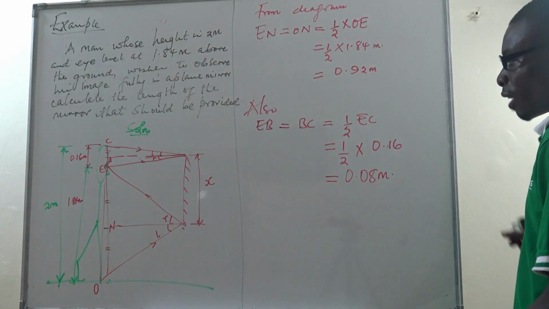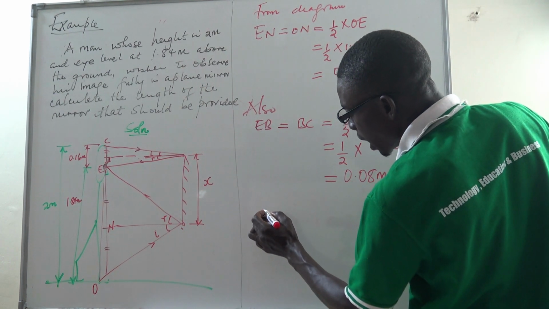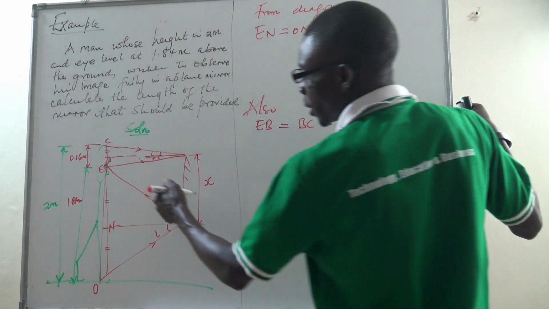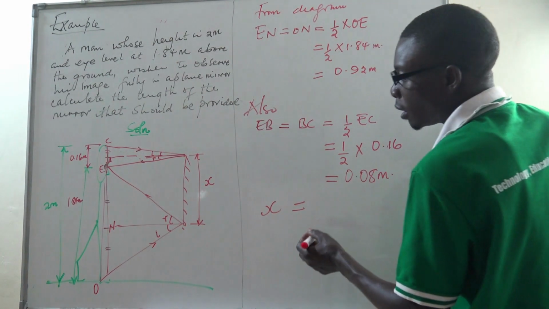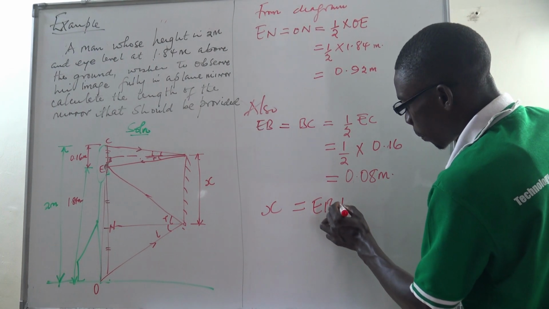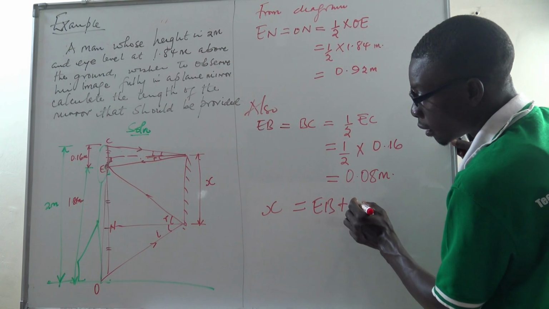But what do you think is very true? We said we want the length of the mirror X. And I'm now saying that the length of this mirror X here is equivalent to EB plus EN.